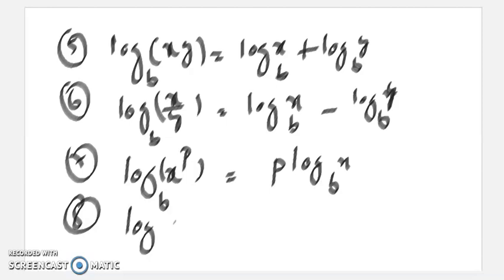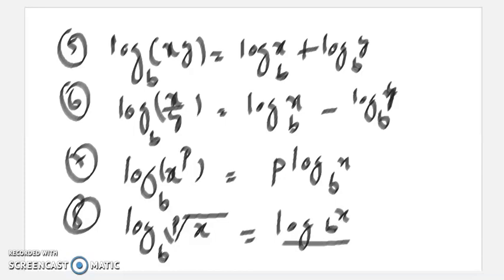Log of the pth root of x with base b is equal to log x with base b by p.